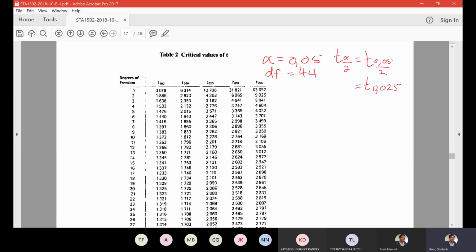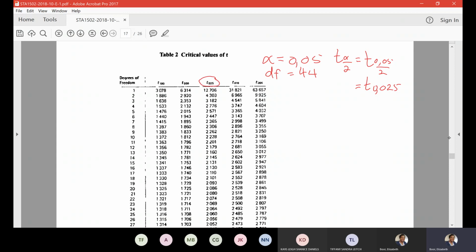So that will be our alpha or level of significance that we're going to be using. At the top, it will give you all the T alpha values. Since it's a two-tailed test, we have to divide by 2 and we get 0.025. So you come here at the top, you go look for 0.025.